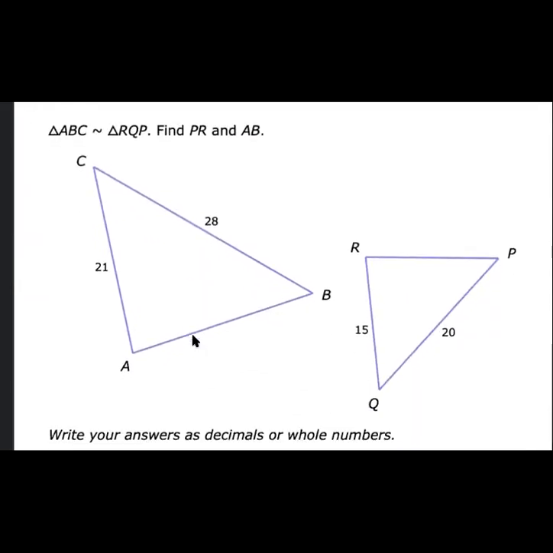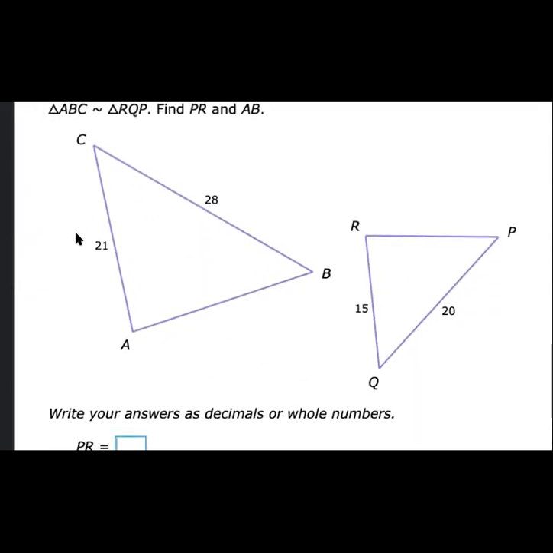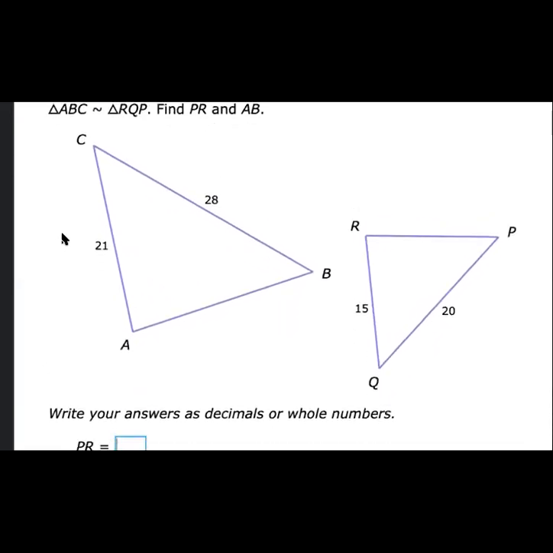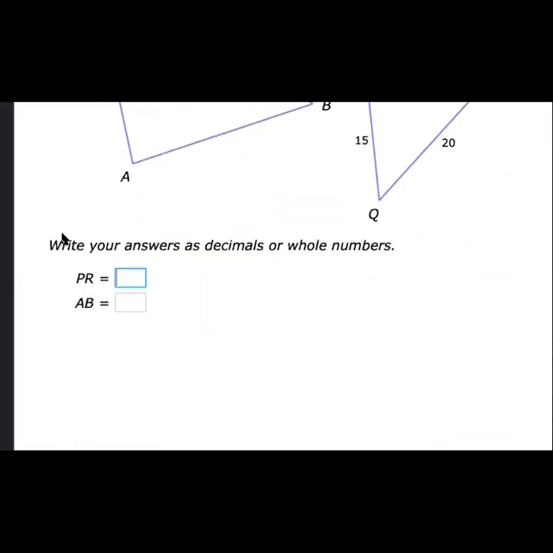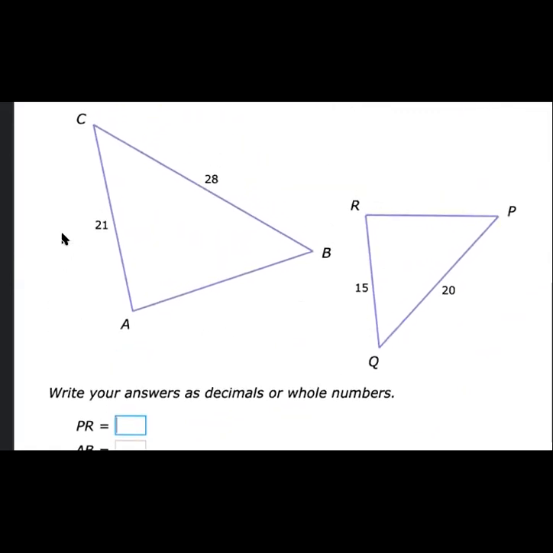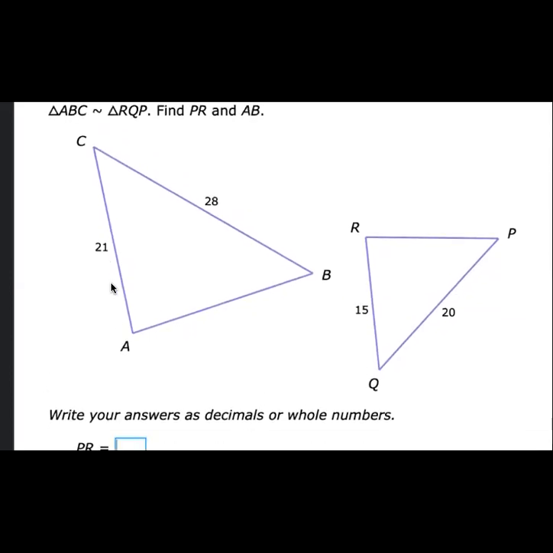All right. This next one, ABC is similar to RQP. Find PR and AB. So this one, they're actually looking for two different ones. Okay. So why don't we color coordinate the sides? Let's look how they lined up.